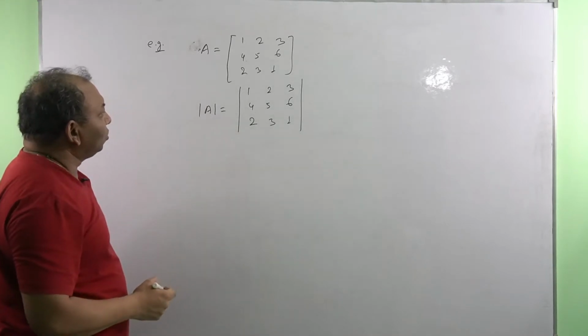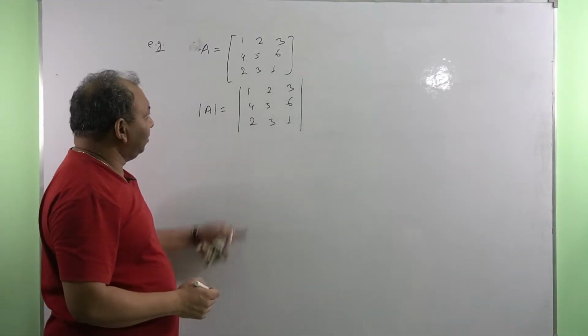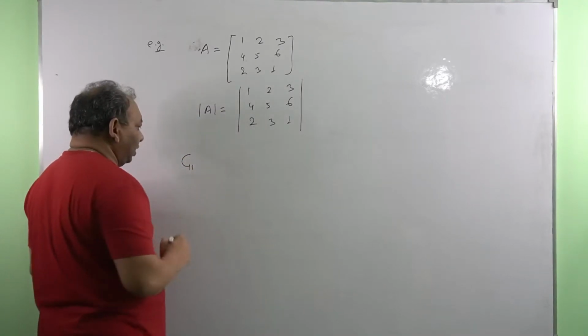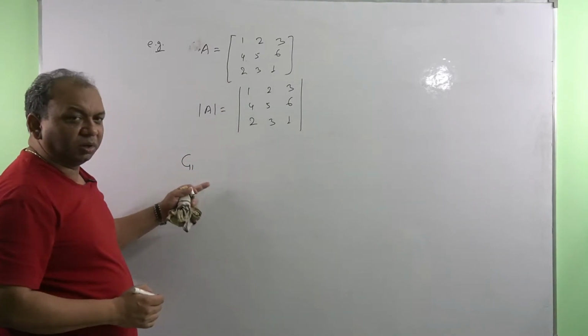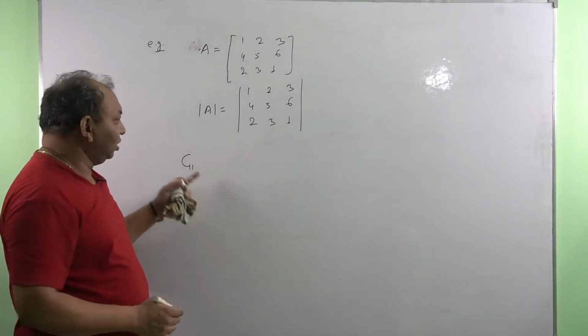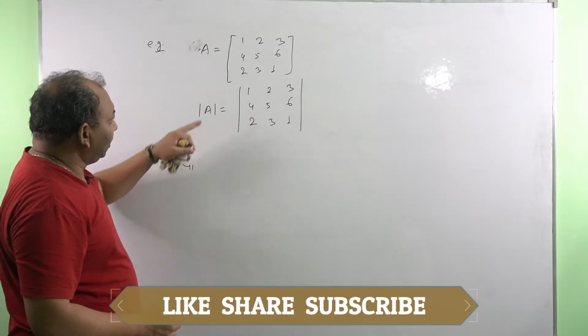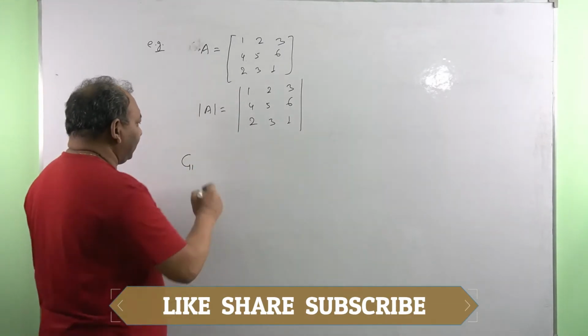Now find cofactor of the elements of the given determinant. Cofactors can also be denoted by C11, C12, Cij. C11 means cofactor of the element lying in the first row and first column.